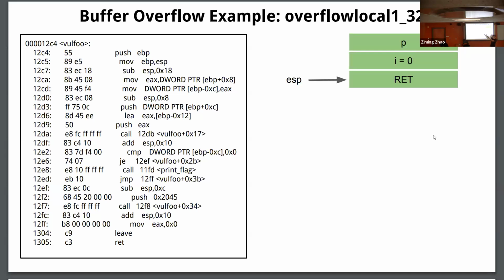That saved EBP belongs to whoever called the main function, usually a libc start main function. The underscore start will be the very first function, and there will be many functions in between. Eventually you call the main function. The function that actually called main is maybe underscore libc start main or whatever.